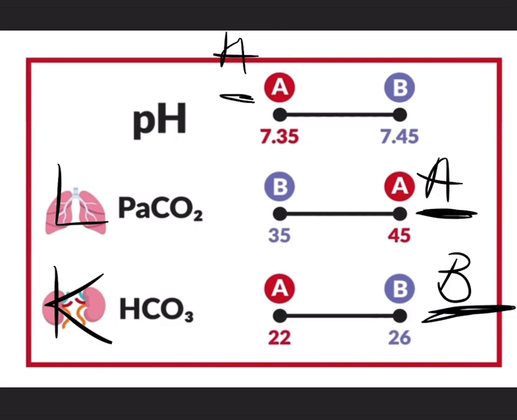So that means this would be partially compensated. So the full answer for this would be respiratory acidosis partially compensated, because the kidneys are very basic and they're trying to bring that acidic pH back to normal.